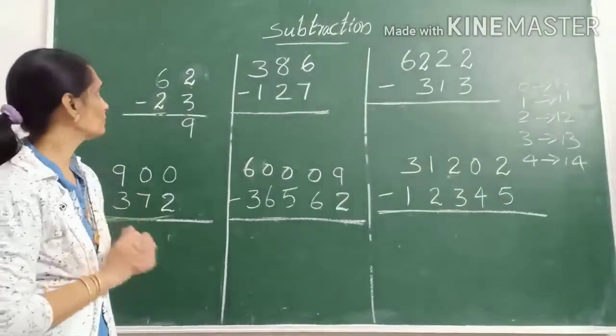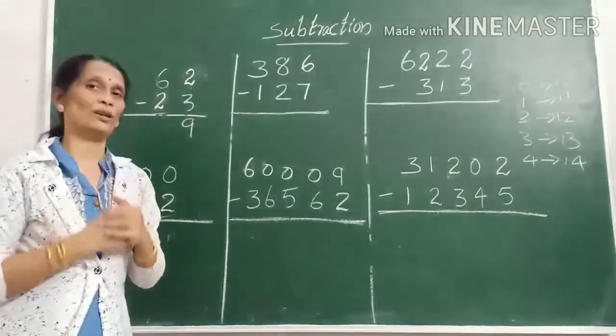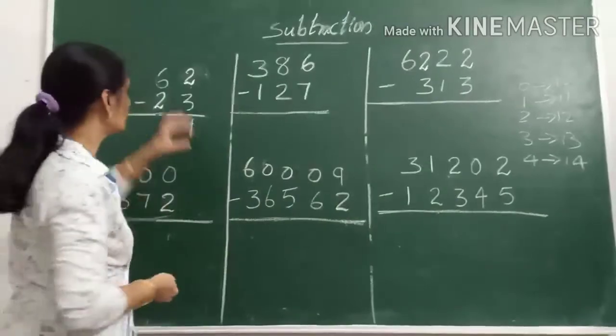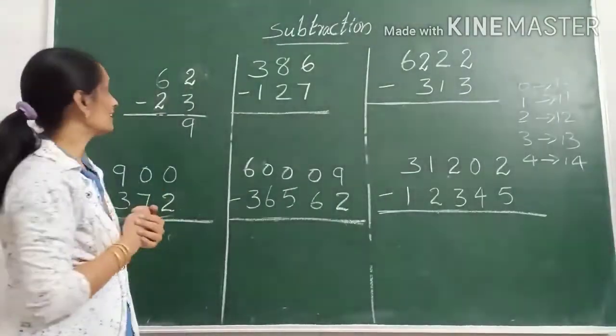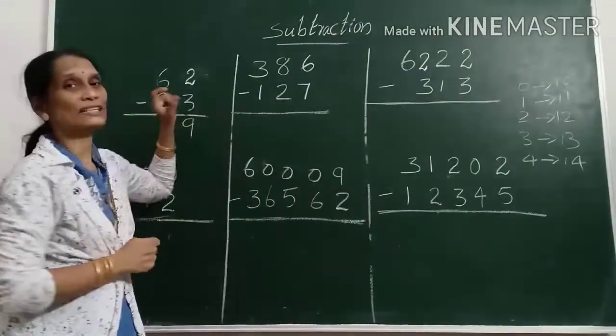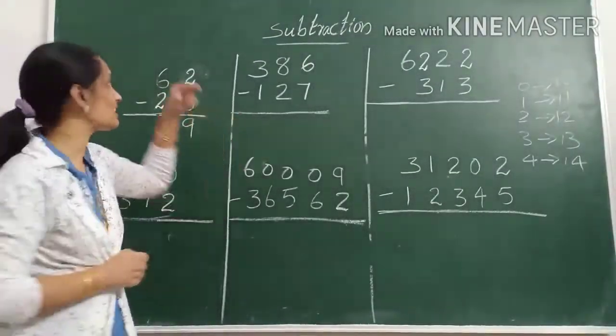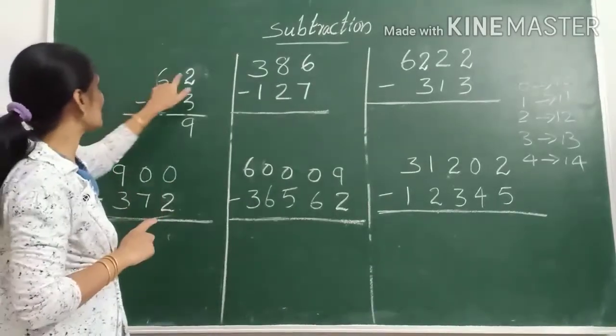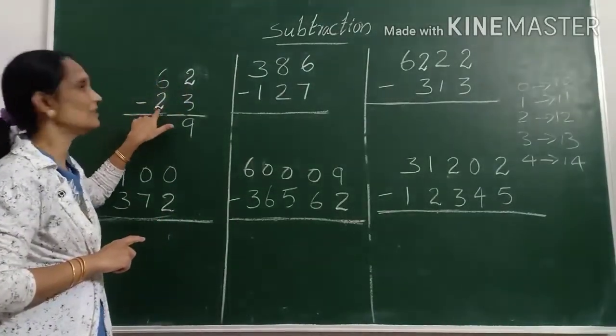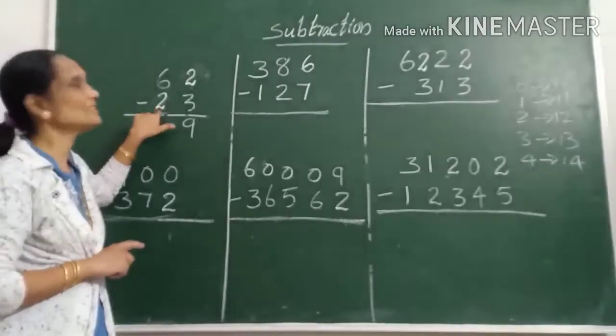Now, actually the number was 2 only. We have taken 2 as 12. Then what about that 1? What are we going to do with that extra 1 now? I am going to add that extra 1 to the tens place number.